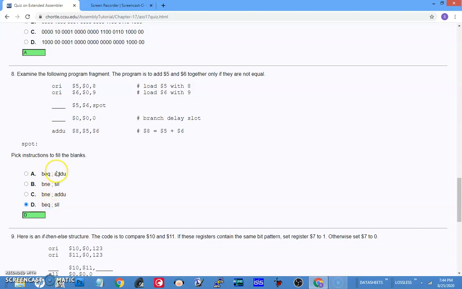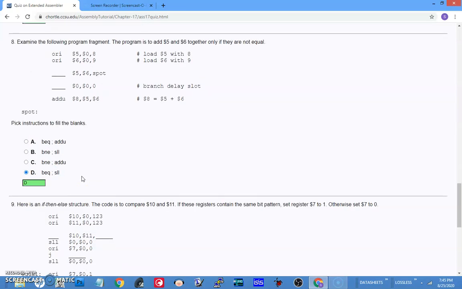So which one will we select? Can we select BEQ with ADDU? So ADDU requires that $0 should not come as the destination operand. So ADDU cannot be used. So the only possibility is this SLL, logical shift left, that is the SLL instruction. So with that, the answer is D.